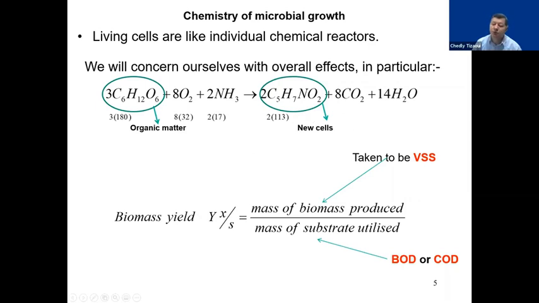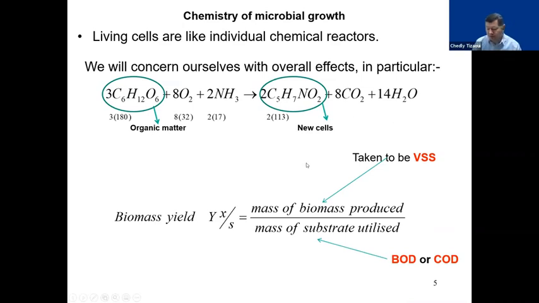That means new microorganisms. Obviously, that equation is not a true representation of a cell, but it gives you an indication of the content of a new cell, which involves carbon, hydrogen, nitrogen, oxygen, etc. Okay, so that's the biological reaction. It can be seen as a chemical reaction involving all these components in there.